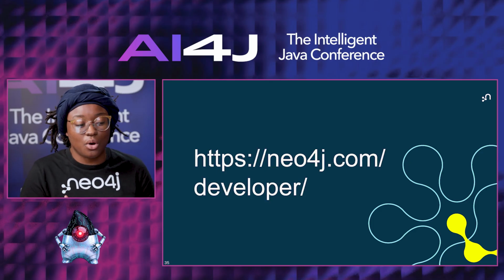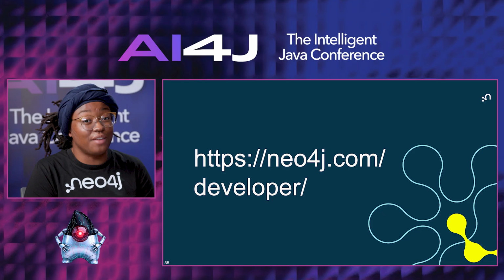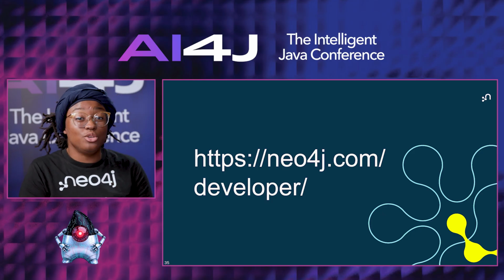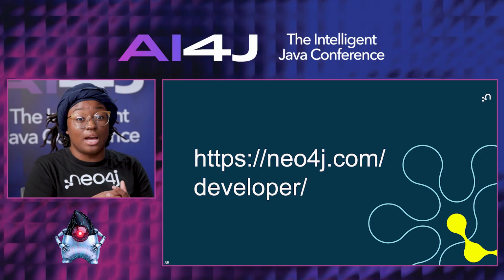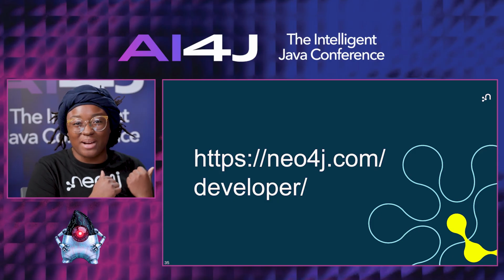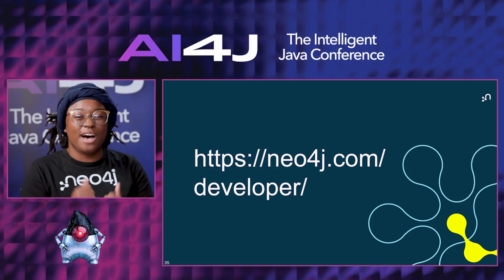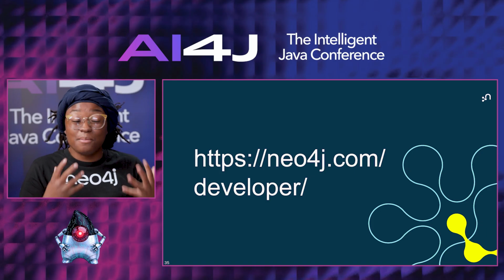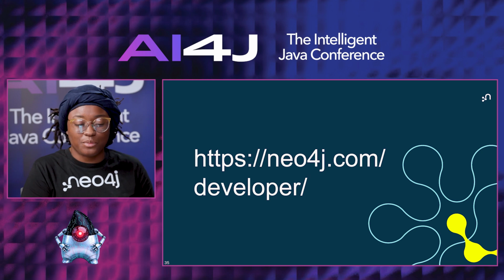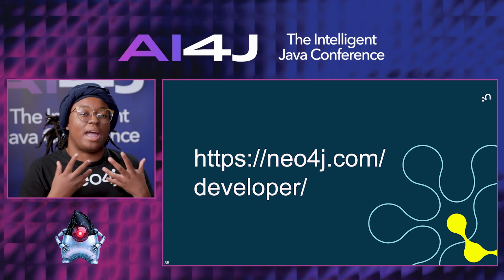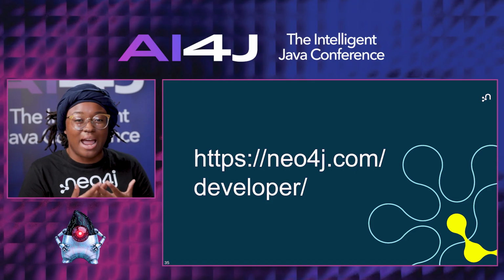But you can also go to neo4j.com/developer, and that is going to have Java-specific techniques on how you can engage with knowledge graphs and Java. We have blog posts, we have videos, actually some done by my colleague who's going to speak today, Jennifer Reif, who is a Java expert, to teach you how to use knowledge graphs and Java all with your AI agents to make them smarter and more effective.